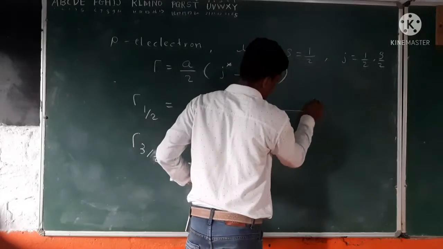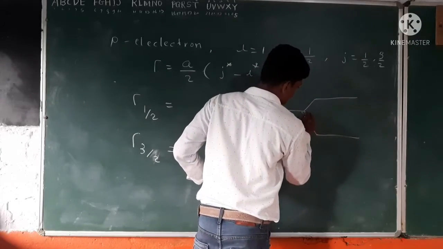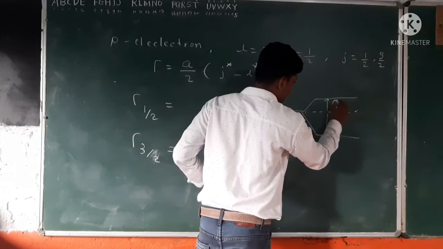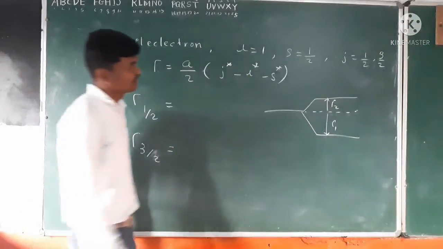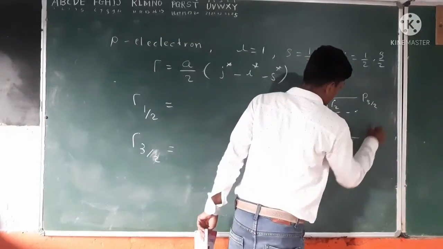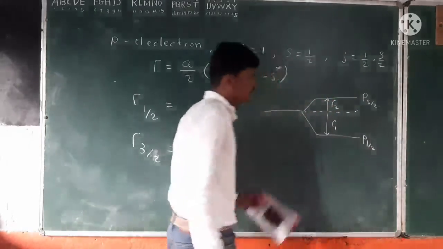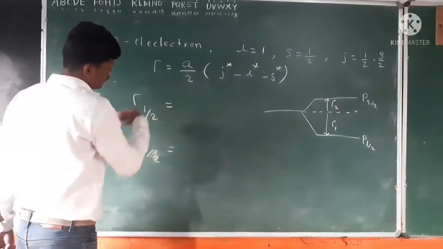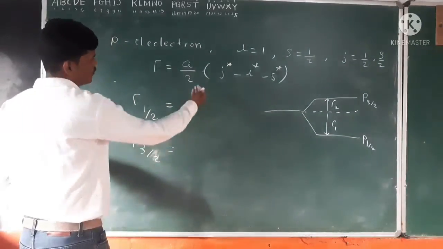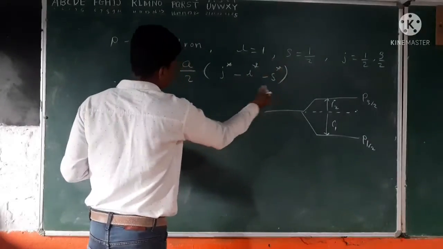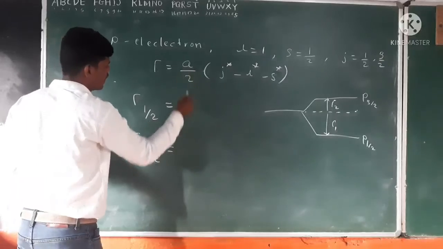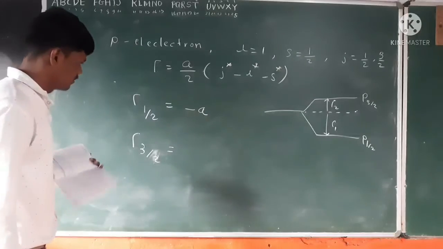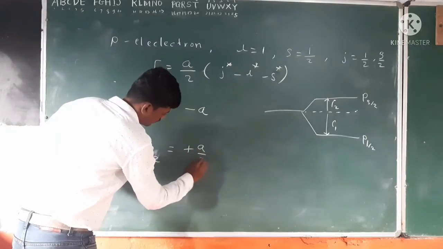See here, this is the main single line, and it is splitting into 2. We have to calculate this tau 1 and this tau 2. Here we have P electrons, so the upper level will be P 3 by 2 and the lower level will be P half. So we know this splitting. Now we have to calculate the term shift values. Tau half I will write directly; you can put values of L, S, J in this formula and get the term shift in terms of A. The first one is minus A, that is tau half. The second one is A by 2.